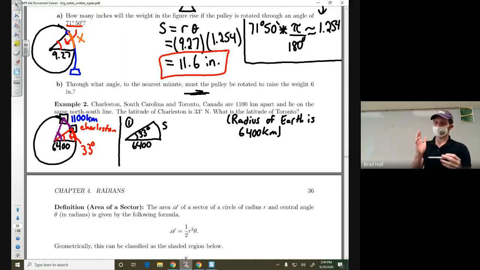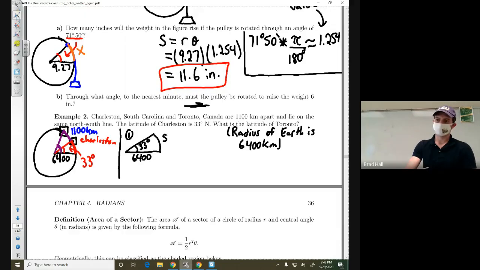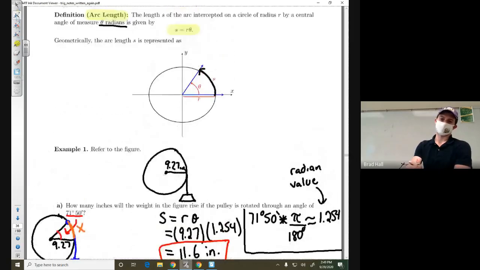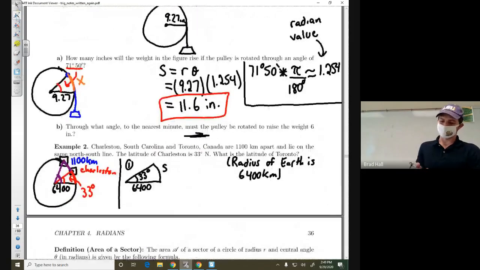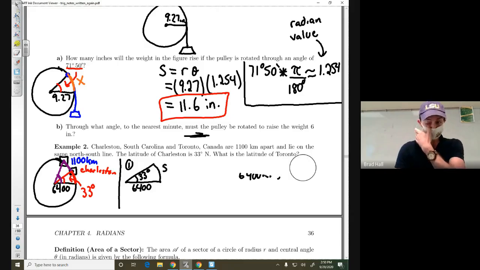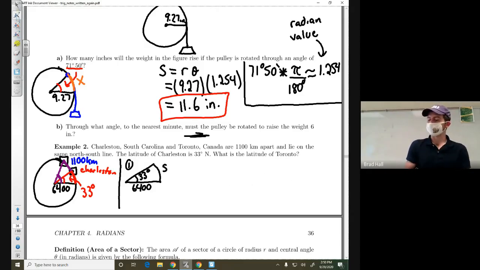This is all relating to Charleston, South Carolina, which means I'm putting S for the, what's that? Arc length. Yeah, it's the arc length. I just completely forgot that. So here, we can't use this 33 degrees because arc length requires radians.